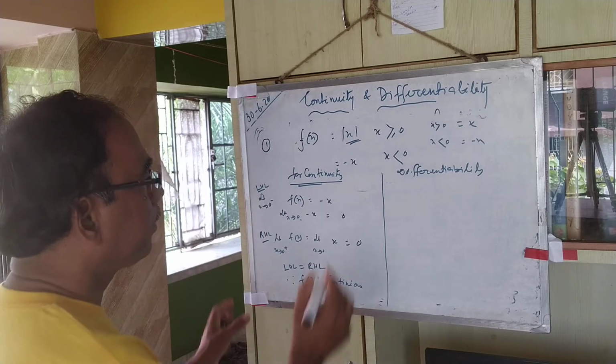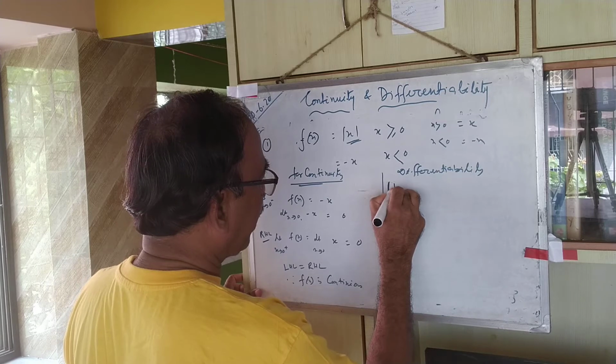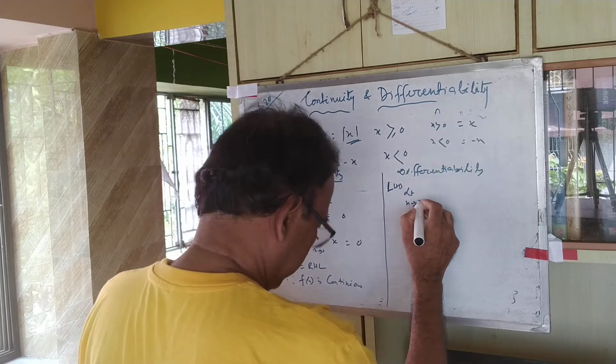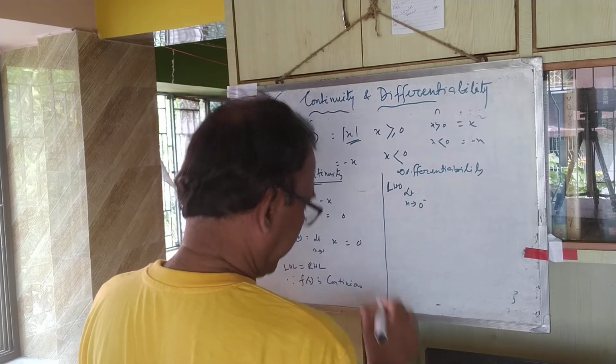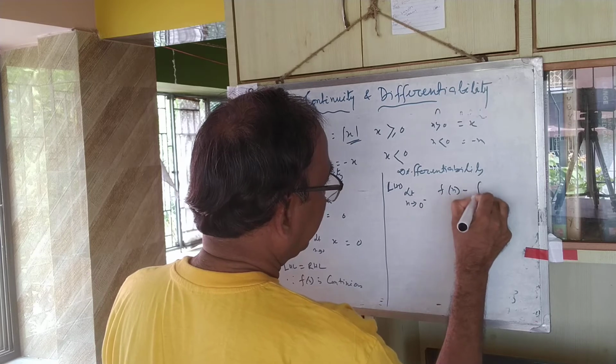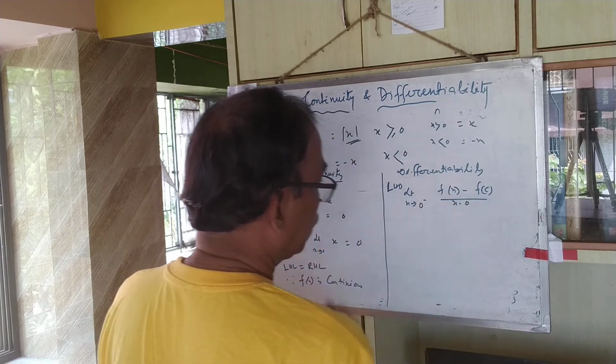For differentiability, I am trying to prove the left hand derivative: the limit as x tends to 0 negative of (f(x) minus f(0)) over (x minus 0).